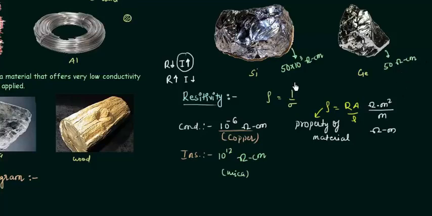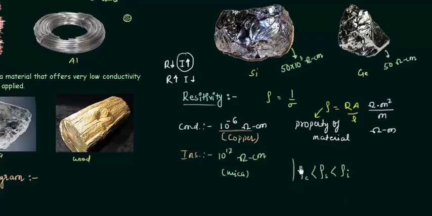So you can clearly see that the resistivity for the semiconductor, let's say rho s is the resistivity of the semiconductor, is less than the resistivity of the insulator, and it is greater than the resistivity of the conductor, rho c.